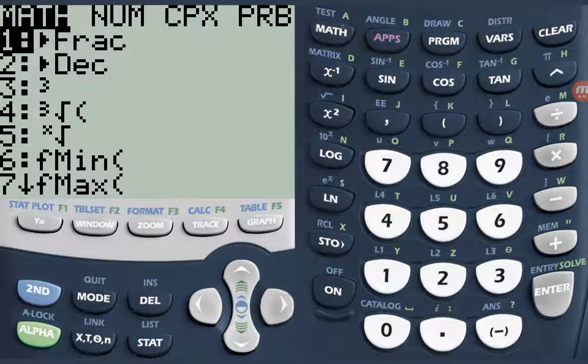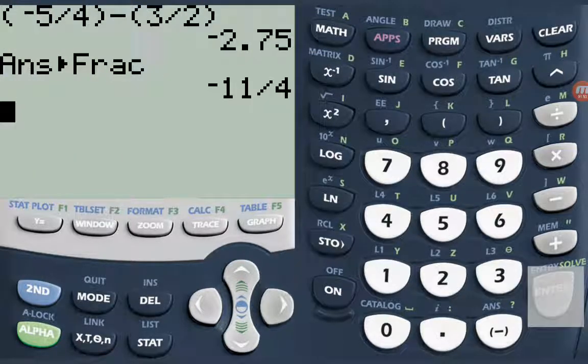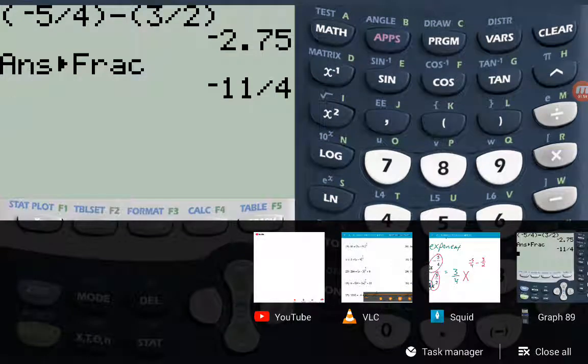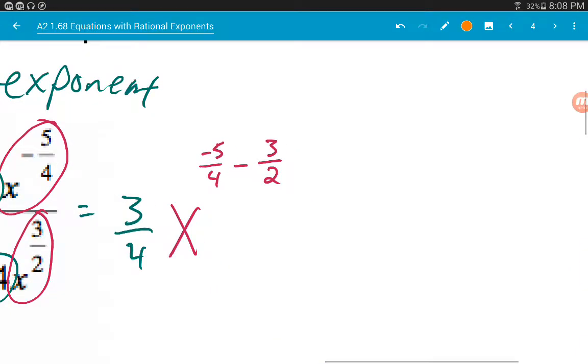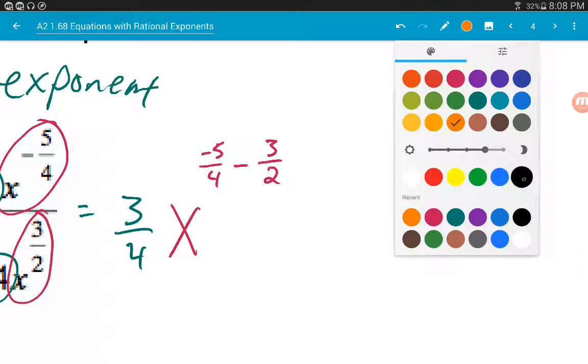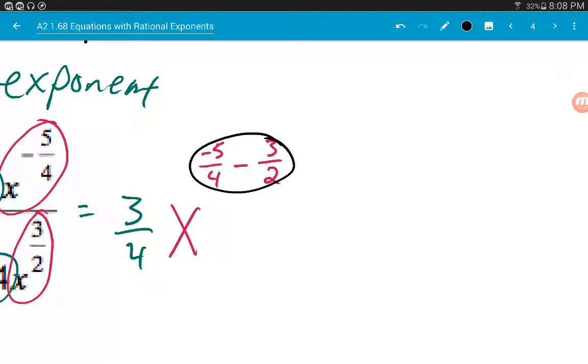So I hit math, enter, enter, and it changes it back into a fraction for me. So that's equivalent to negative 11 over 4. So this guy right here is actually equal to negative 11 over 4. So I can just rewrite this once to have my answer nice and clean: 3/4 x to the negative 11 over 4 power.